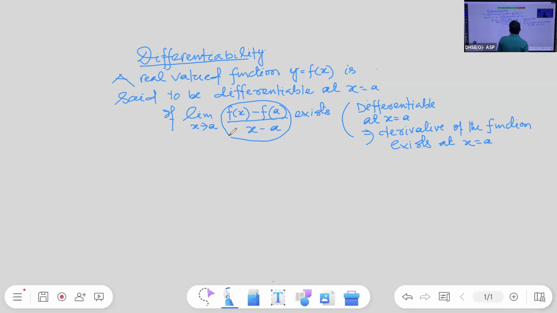So guys, all of you know, the limit of a function exists at a point only when its left hand limit exists and right hand limit exists.